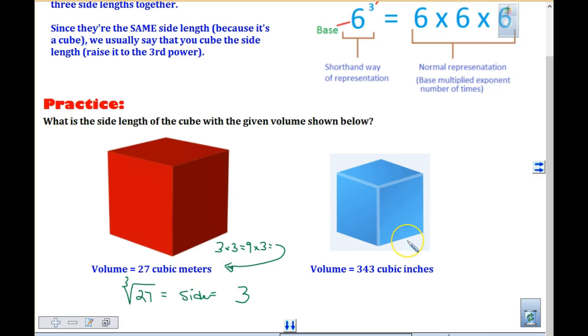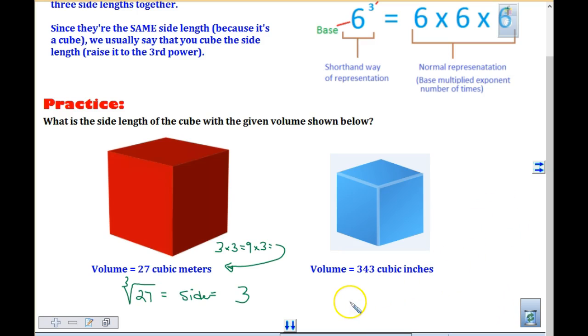343. Not one we might recognize as much, right? 343. But it ends in a 3. And so all of a sudden we start thinking about numbers that could end in a 3 when we are looking at those. We will be using our calculators at times, and this is bigger than 5, right? Because we saw 5 was 125.